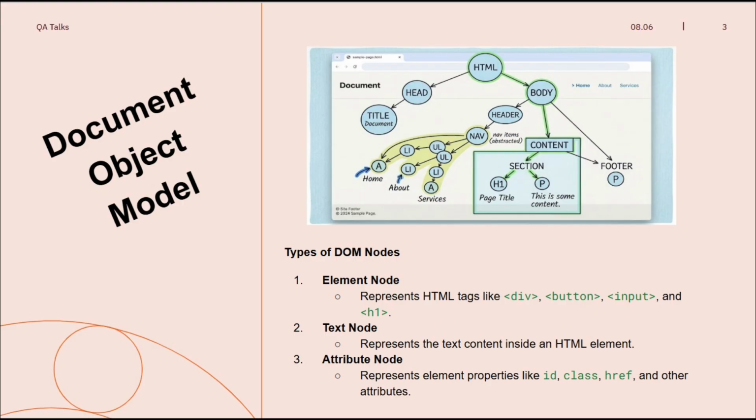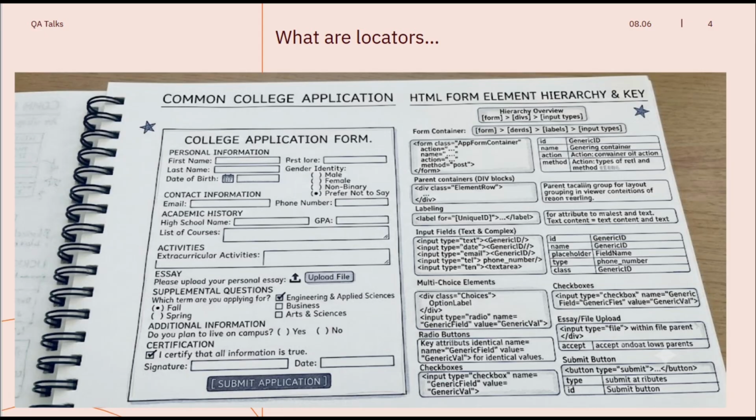And the modern web technologies like React, Angular, they generate some of these attributes during the runtime, which means some of these attributes may not exist in the initial HTML, but they'll be created when you interact with the page. So now what are the locators?